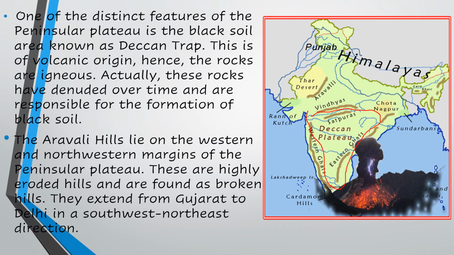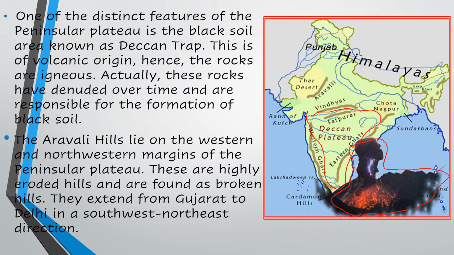This is of volcanic origin, hence the rocks are igneous. Actually, these rocks have denuded over time and are responsible for the formation of black soil. So because of the volcanic activity, as you can see over here, the black soil has emerged.